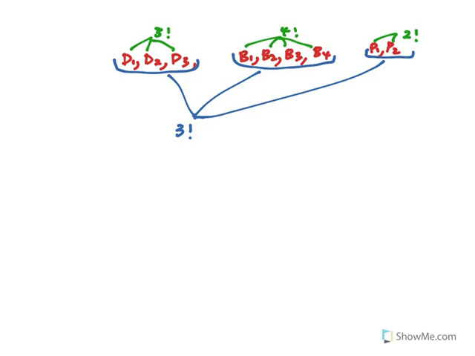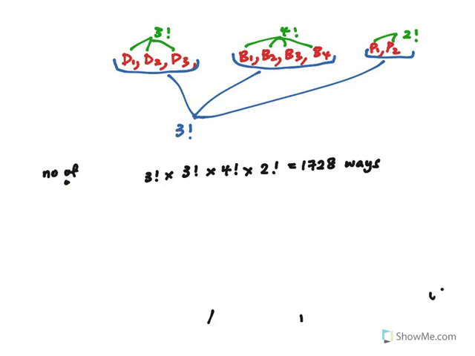So my final answer will be 3 factorial multiplied by 3 factorial multiplied by 4 factorial multiplied by 2 factorial, to give a total of 1728 ways, because I shift around the bundles, as well as the books permute among themselves. Okay, total number of ways.